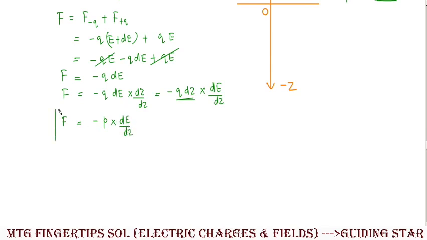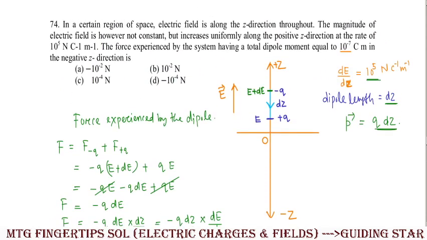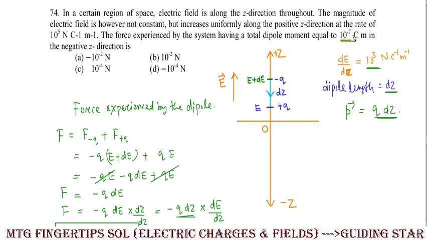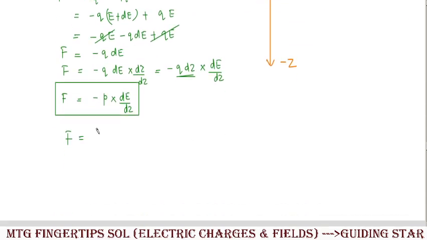So just remember there is a formula to find out the net force when electric field is increasing or decreasing uniformly, simply minus p into dE by dz. So the net force over here, dipole moment is given how much, 10 to the power minus 7 coulomb meter, and dE by dz is 10 to the power 5.